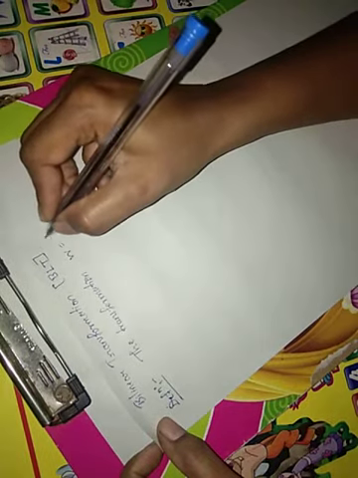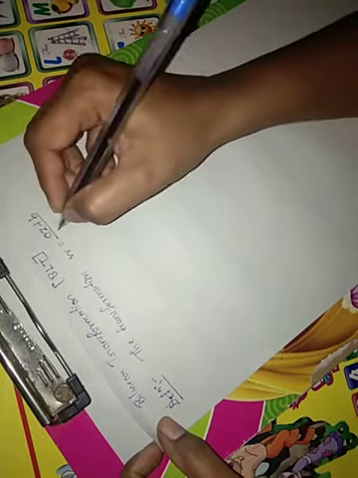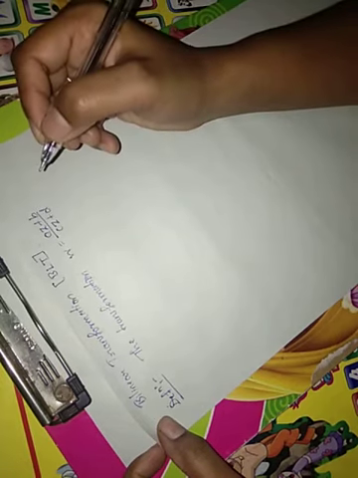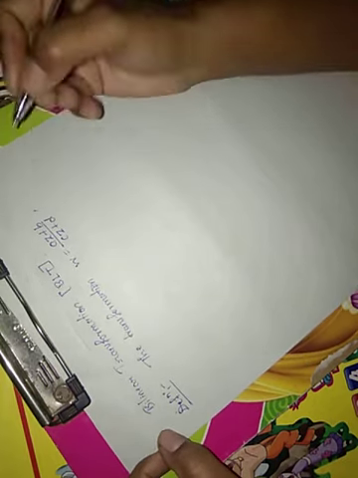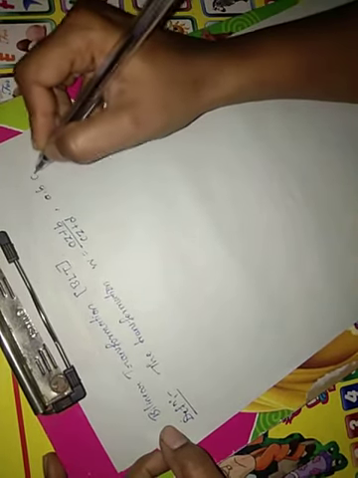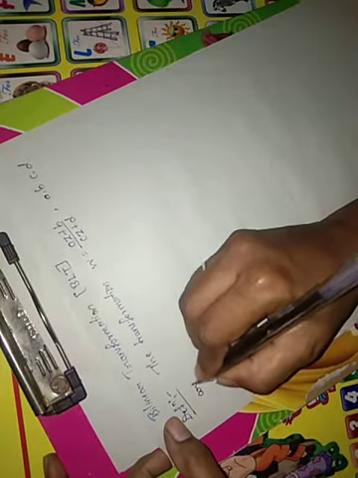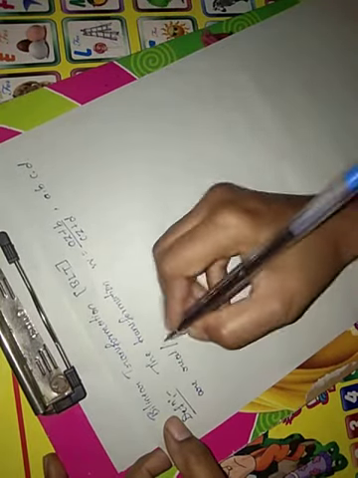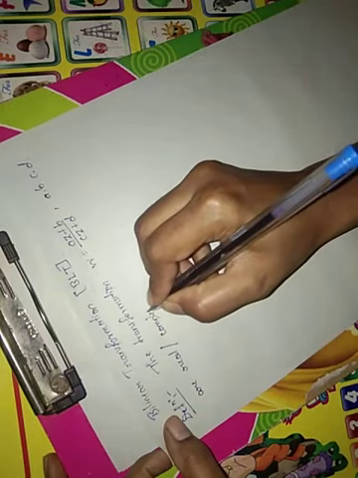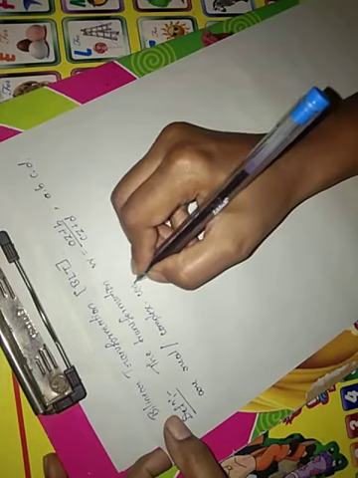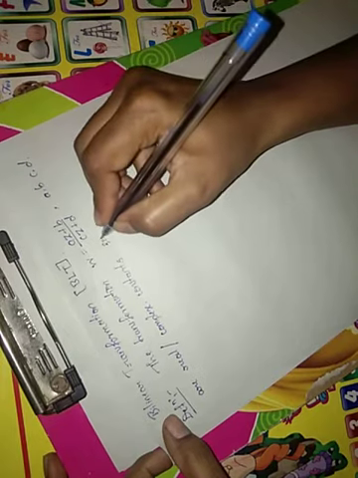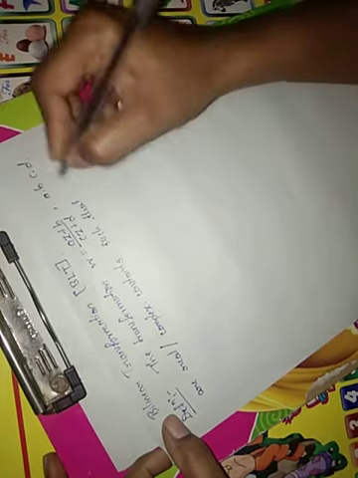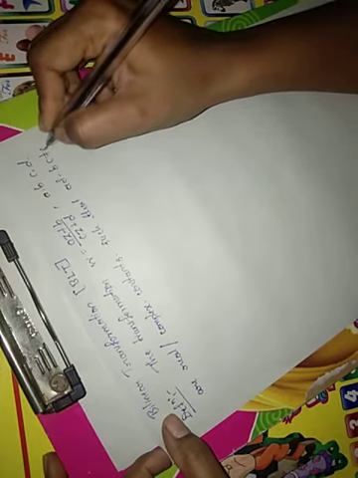W equal to AZ plus B divided by CZ plus D, where A, B, C, D are real or complex constants such that AD minus BC should not be 0.